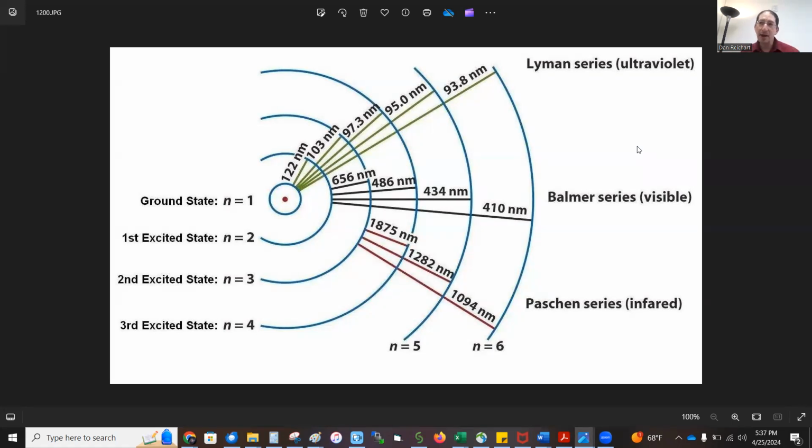So let's think about what we may already know about emission lines and emission lines from hydrogen in particular. So what we're looking at here is the Bohr model of the atom, of a hydrogen atom. And so the nucleus of a hydrogen atom is just a proton, and around it you have an electron.